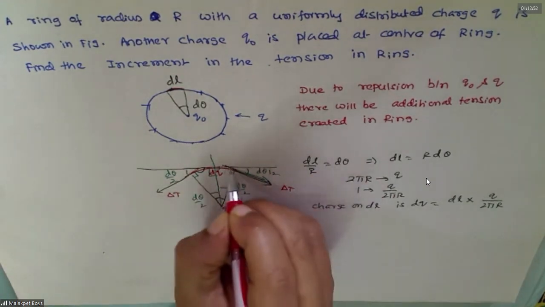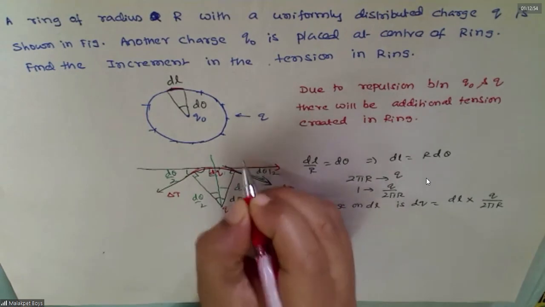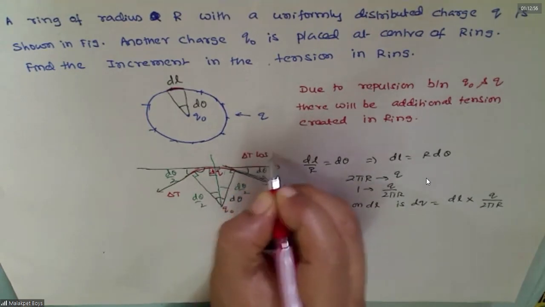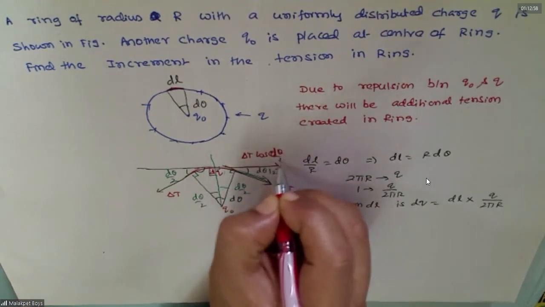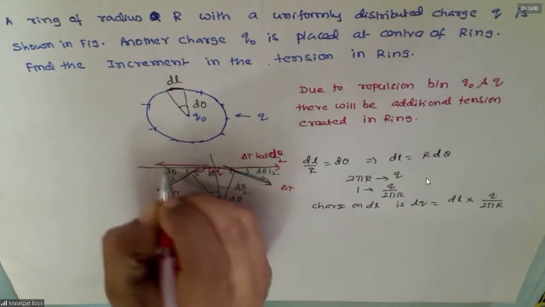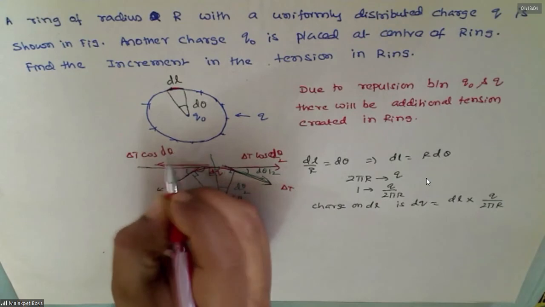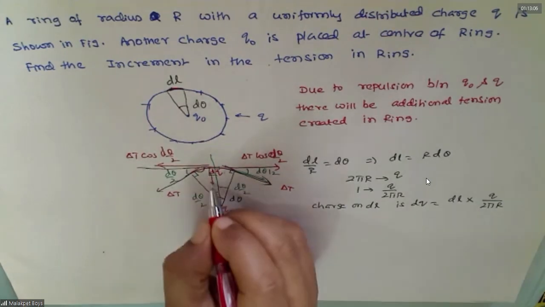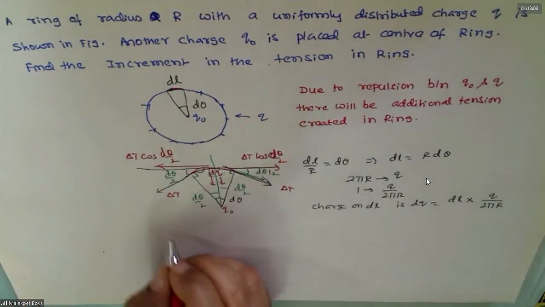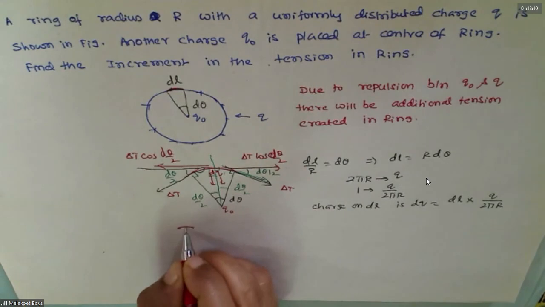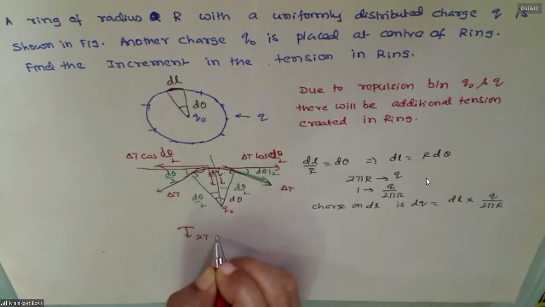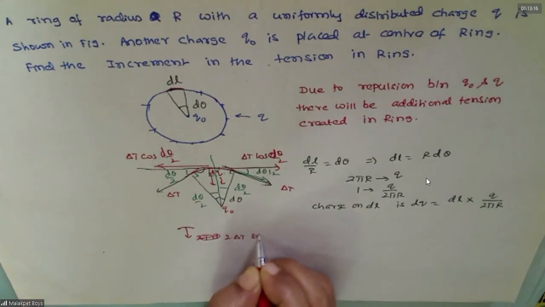So this is delta T cos d theta by 2. Delta T cos d theta by 2. So you are left with two components like this. Therefore, on this you have 2 delta T sine d theta by 2.